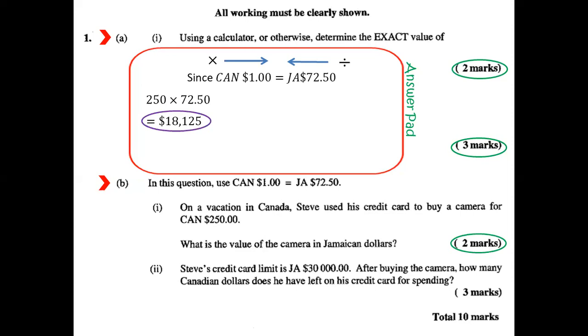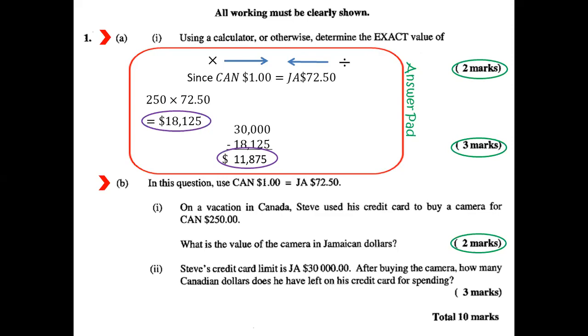And then if the credit card limit that Steve is using is 30,000 Jamaican dollars, right? After buying the camera, how many Canadian dollars does he have left? Now, from 30,000 we take the price of the camera, and that is $11,875, right? But the question is asking for this remainder in Canadian dollars.